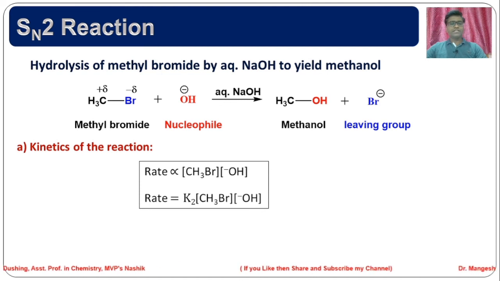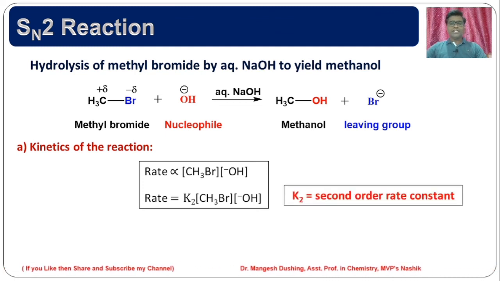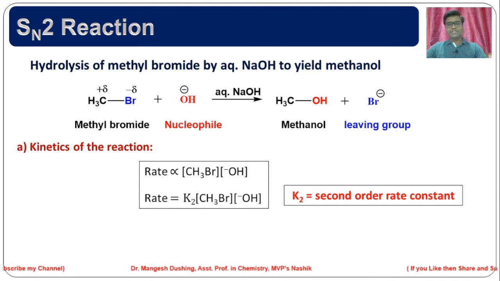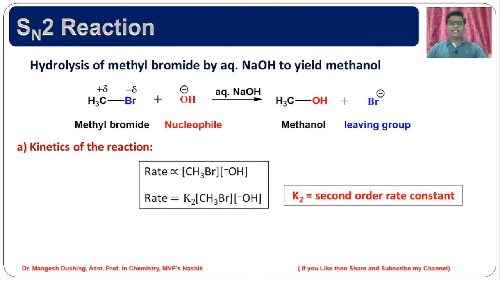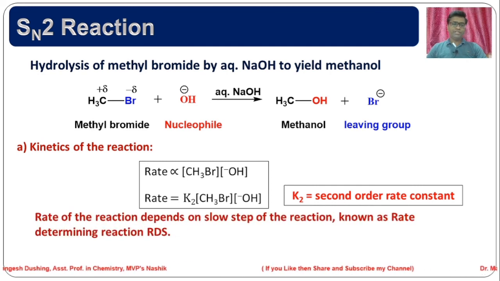That is, rate is equal to K2 into concentration of substrate, that is methyl bromide, into concentration of OH minus, that is nucleophile. K2 is the second order rate constant, because the rate of reaction depends upon two species. That's why this is called a bimolecular reaction, and that's why this K2 is called the second order rate constant.